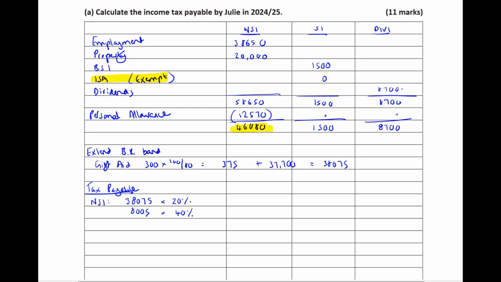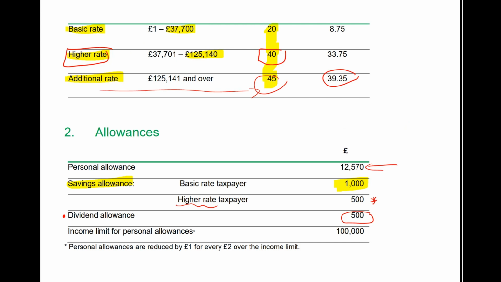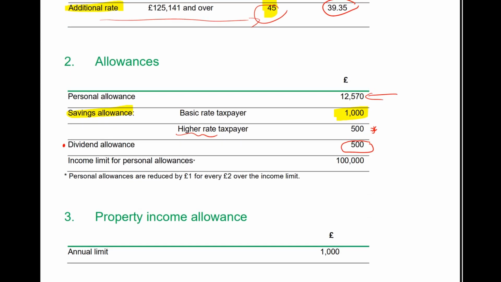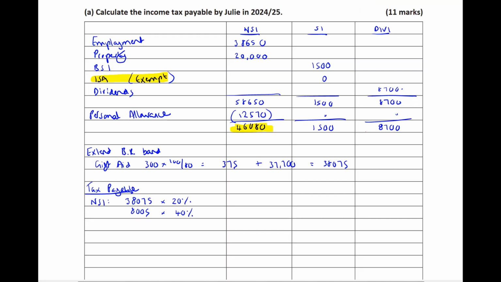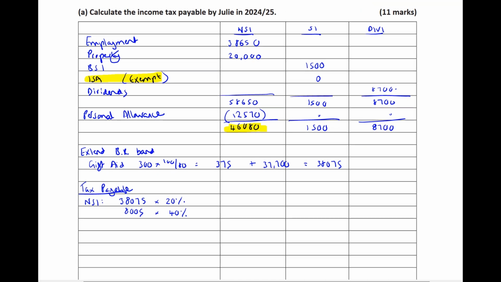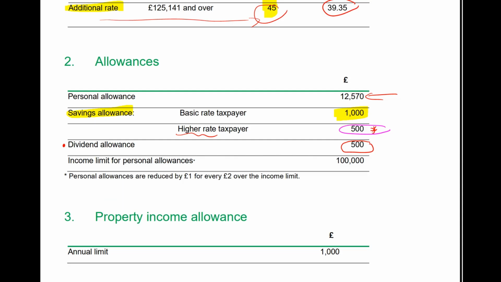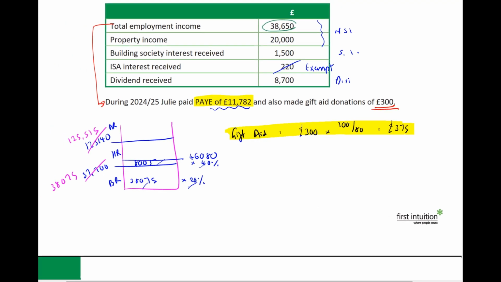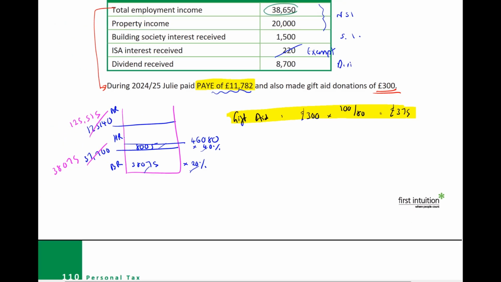So what comes next? My next source of income is savings income. And the reference material tells me if you are a higher rate taxpayer, you're still entitled to a savings allowance. A little bit less, but you still get one. It's £500. So within my savings column, I've got 1,500 altogether. So I would go to my bucket and I would say, okay, I've got 500 here, which is at 0%.